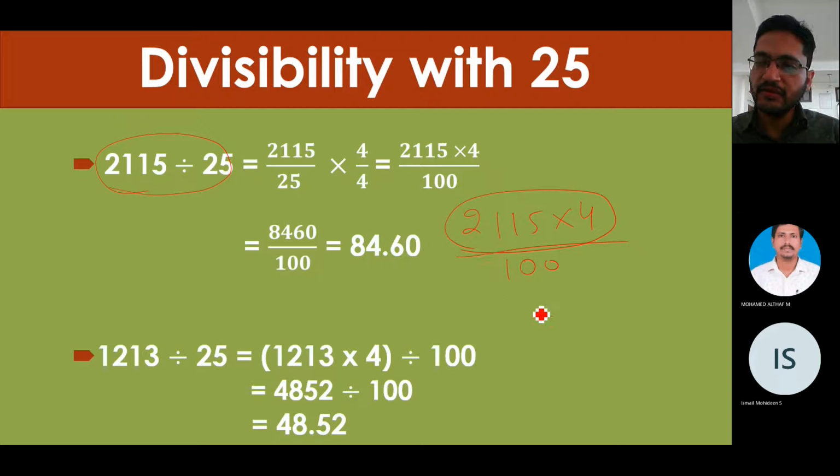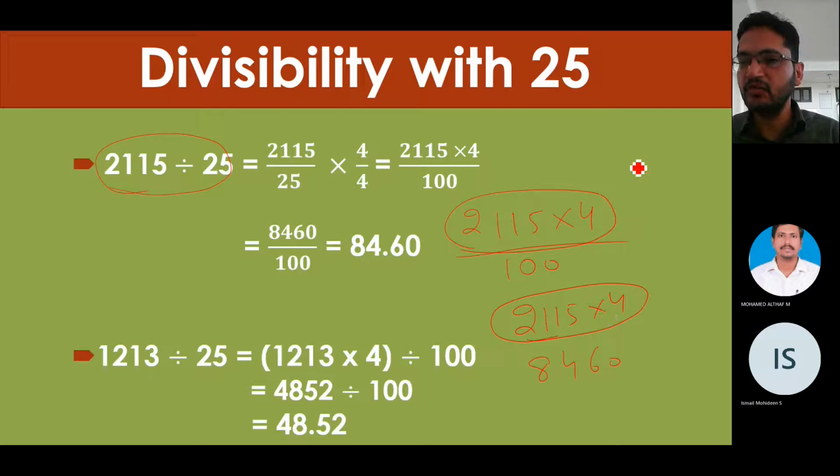When we are to multiply by 4, this procedure can also be done in 2 steps. We can multiply by 2, and again multiply the answer by 2. Either you can directly multiply this by 4, we will get 8460, or this multiplication can be done in 2 ways.